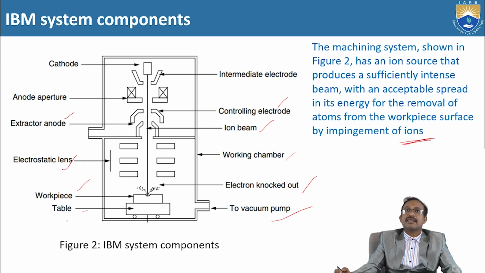So that's why it is called ion milling or ion polishing or ion etching. Here the ions are impacting the workpiece material to remove the material over the surface of the workpiece.